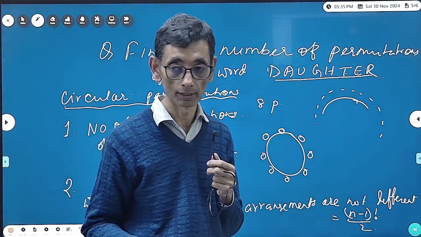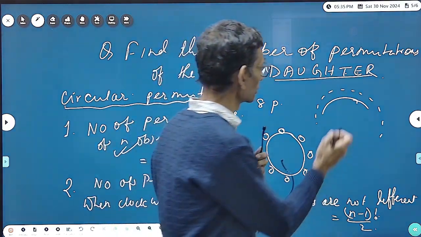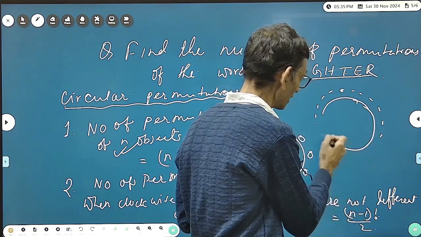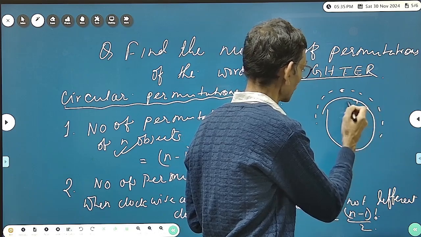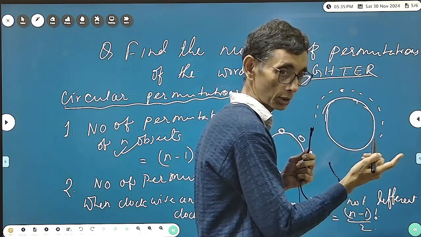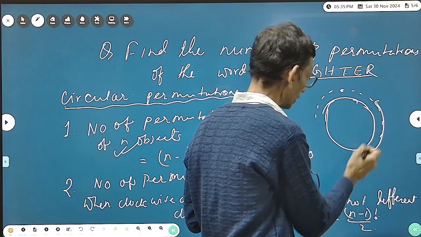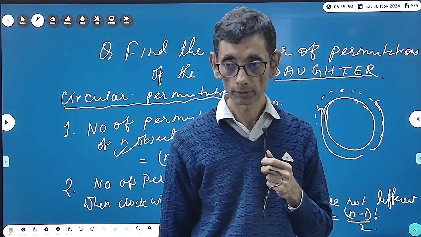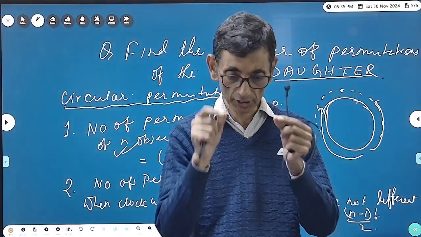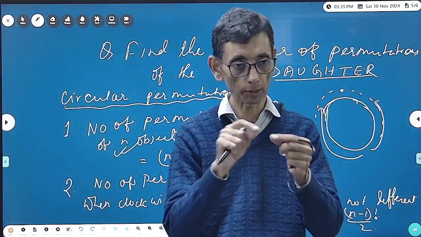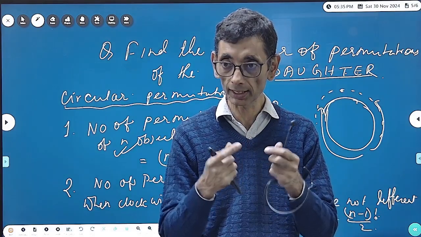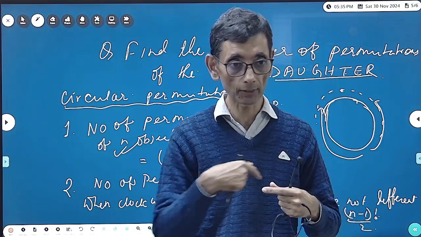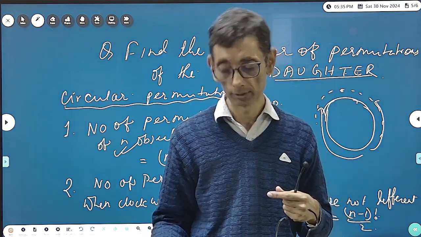Then the arrangement on one side and the other side will look the same. We do not have to wear it in a particular way, because from every way it looks the same.